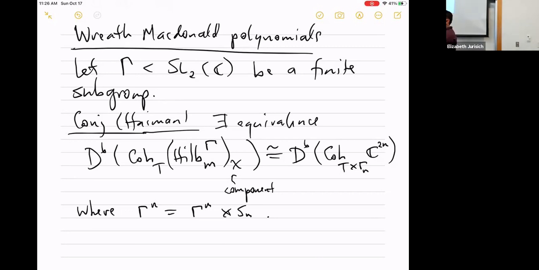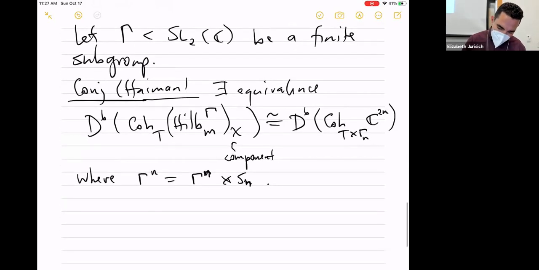I mean, Haiman's theorem was already incredibly difficult and a monumental achievement. But somehow his methods didn't quite give the same result in this case. So it appeared to be much harder. And in fact, it is harder.